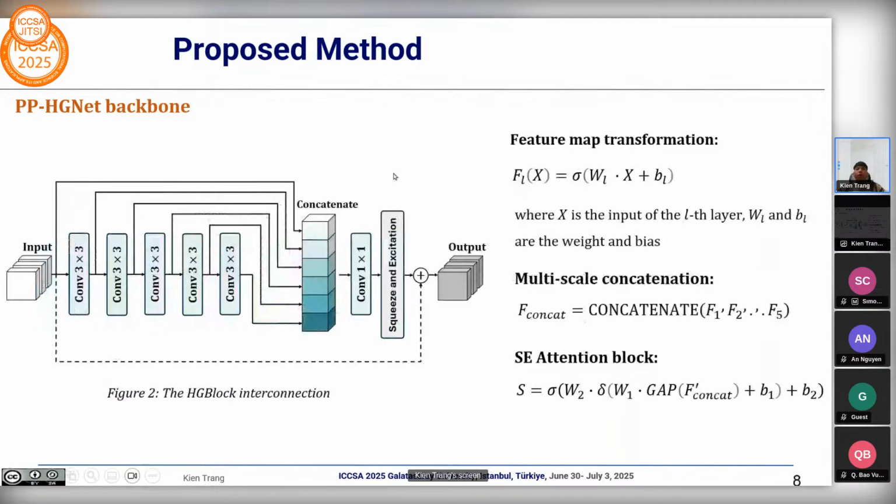So this shows the key operation inside the HG blocks. This multi-layer architecture enables the network to efficiently integrate elements at multiple levels, aggregating both deep and general patterns. Each convolutional layer transforms the feature map using a standard transformation with non-linearity.